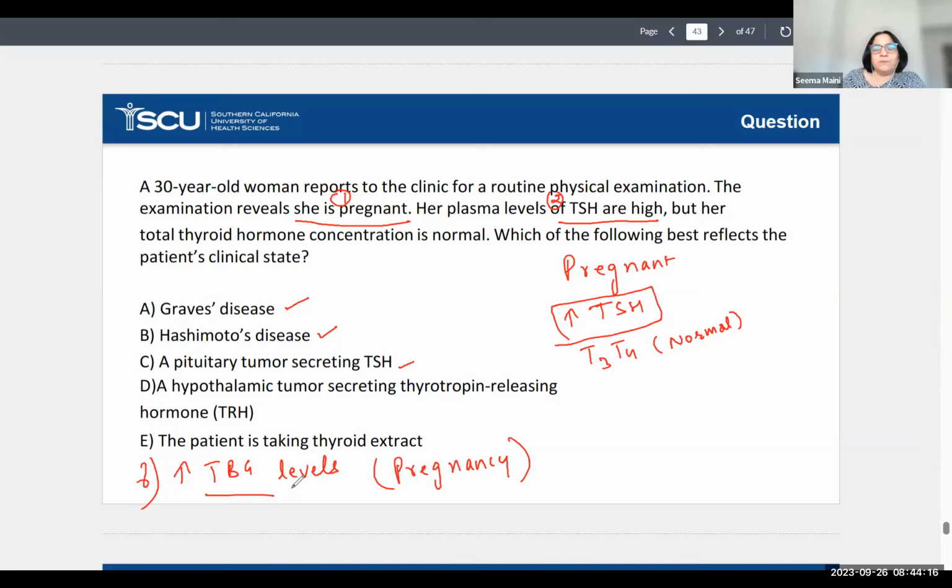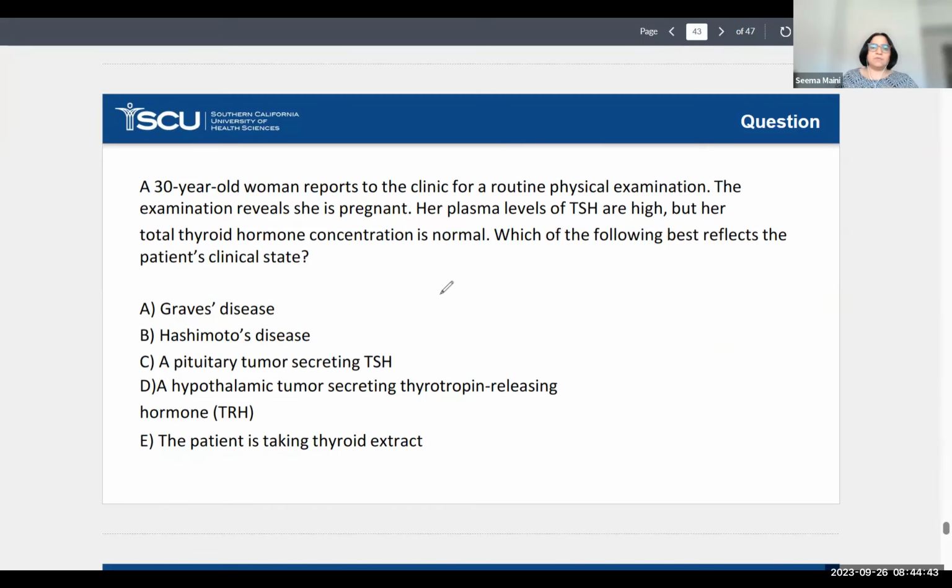TBG, thyroid binding globulin, remember, which keeps thyroid in the bound state. Remember, we looked at the stimulants and depressants of thyroid hormone secretion, right? And we said that increased TBG levels enhance TSH secretion. Why? Because of pregnancy and any hyperestrogenic state. Whenever a female has increased level of estrogen due to any reason, that may be pregnancy, even obese females, they are hyperestrogenic.